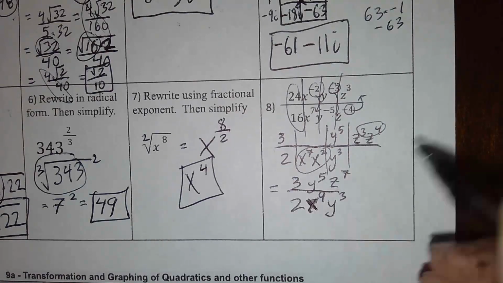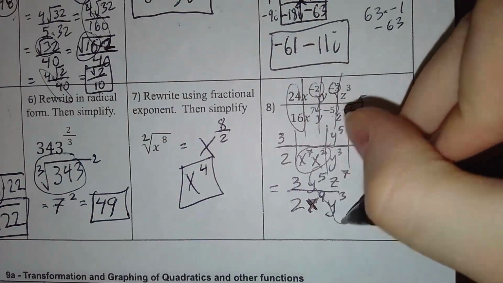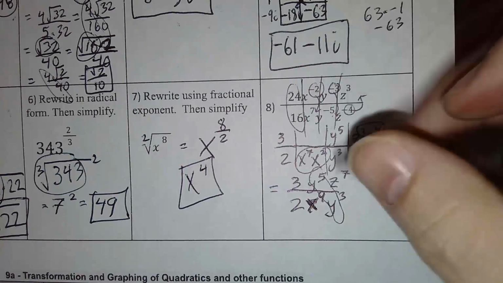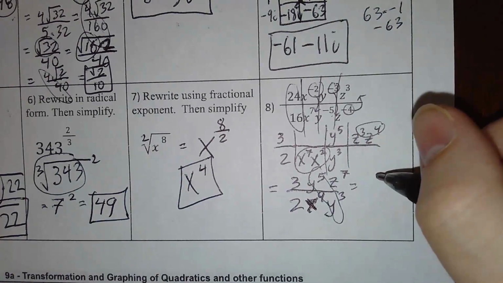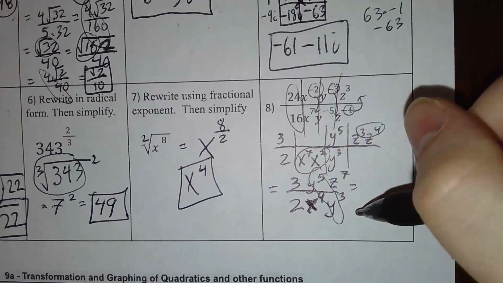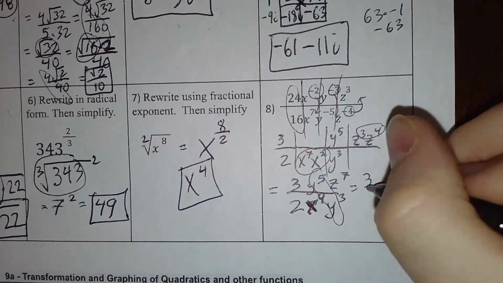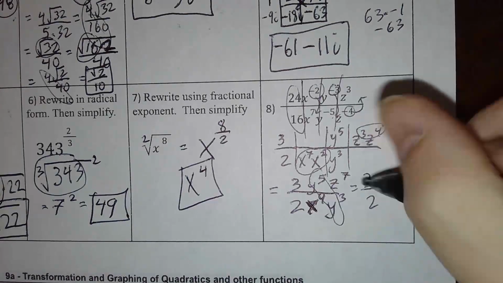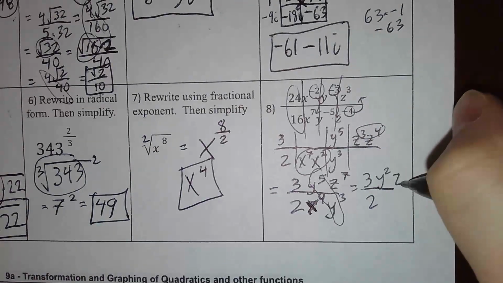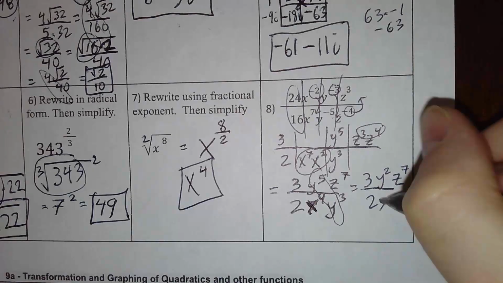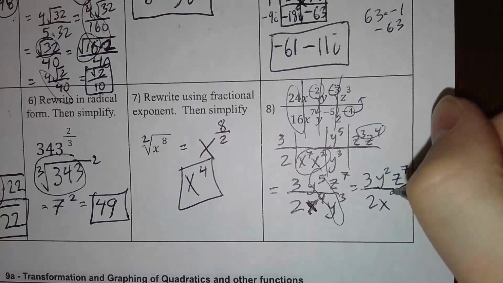Now I forgot to combine these two right here. If I have y to the 5th and y cubed, that's going to cancel out and give us y squared. So we're going to be left with 3 over 2, y squared, z to the 7th, and in the denominator is x to the 9th.